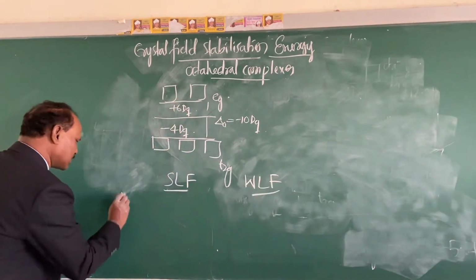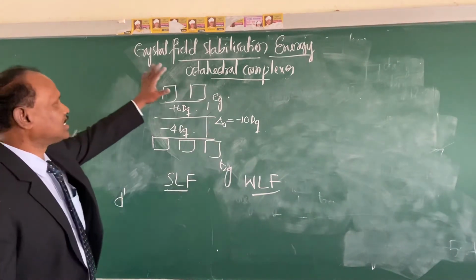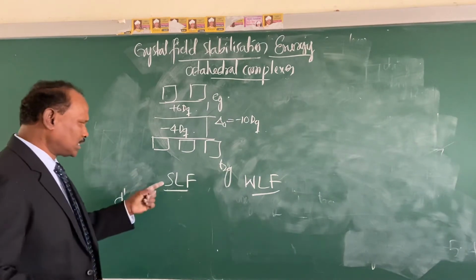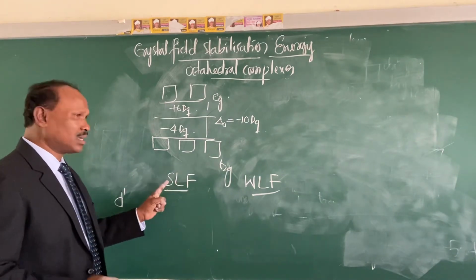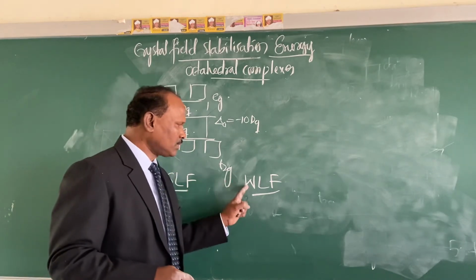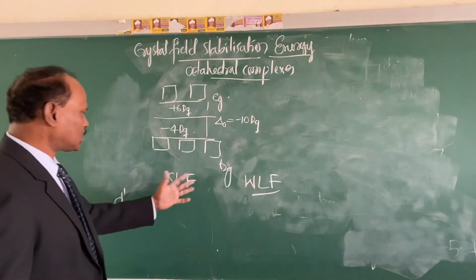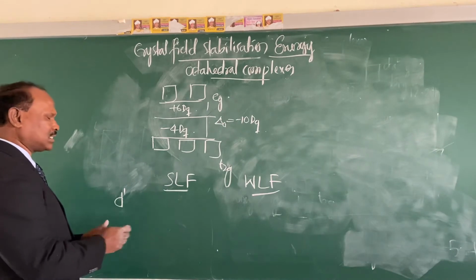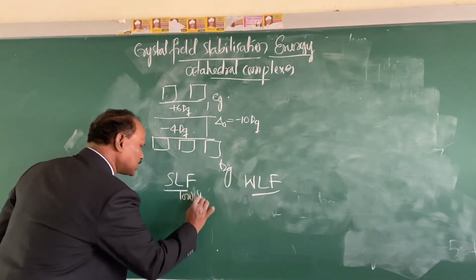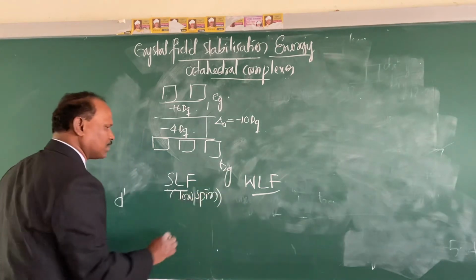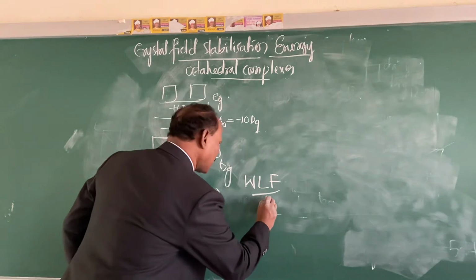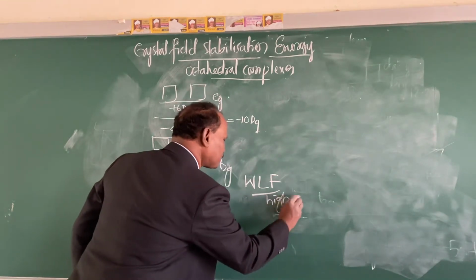For a d1 system, let us calculate the crystal field stabilization energy both in strong ligand field and weak ligand field. The strong ligand field complexes are also called low spin complexes. Weak ligand field complexes are also called high spin complexes.